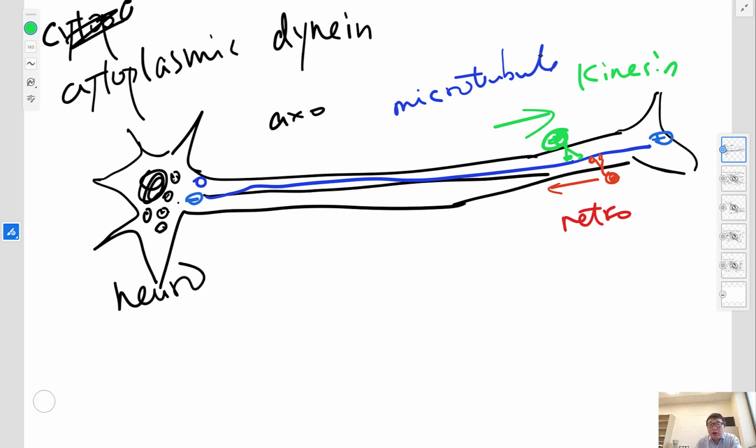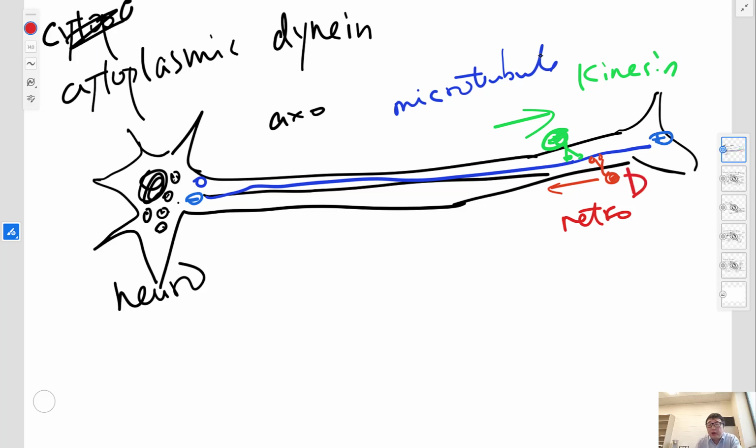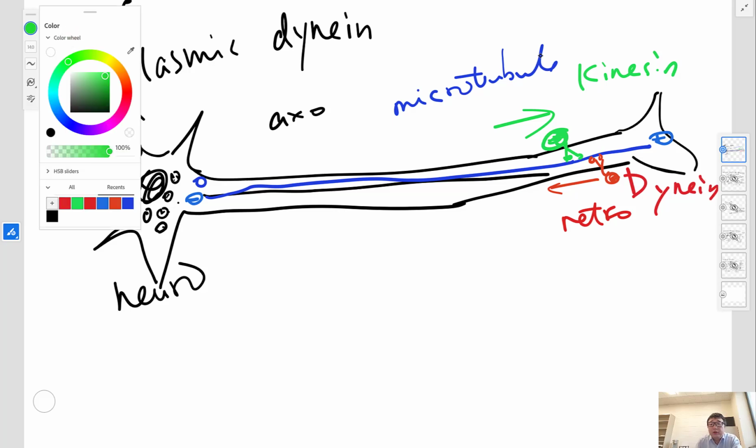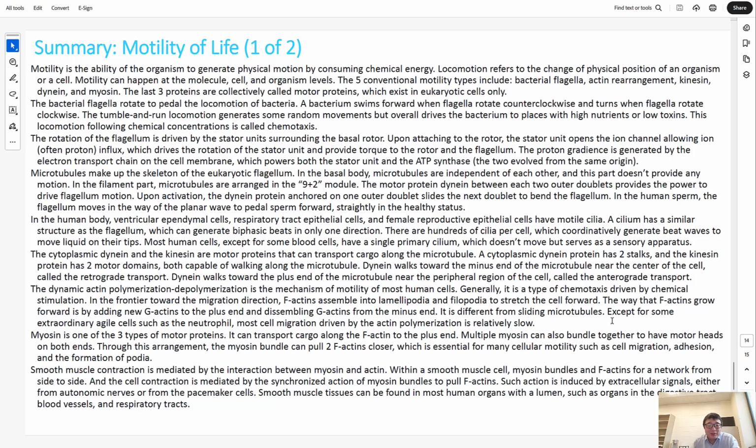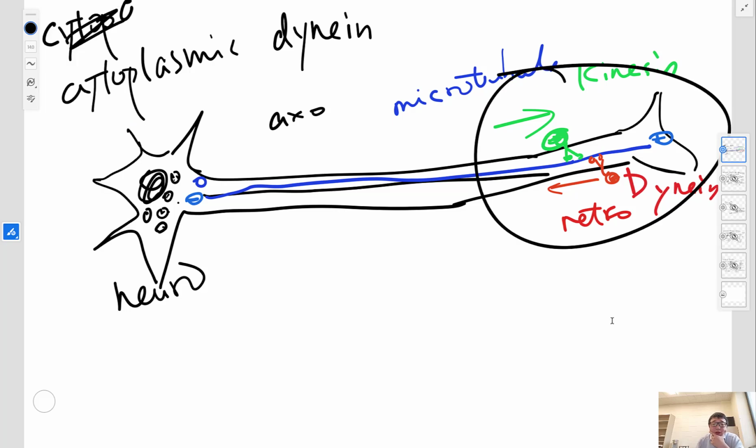Kinesin can drive the cargo from the minus end to the plus end. Dynein and kinesin together, I forgot what it's called, never mind. Anyway, these two molecules together mediate intracellular transportation.